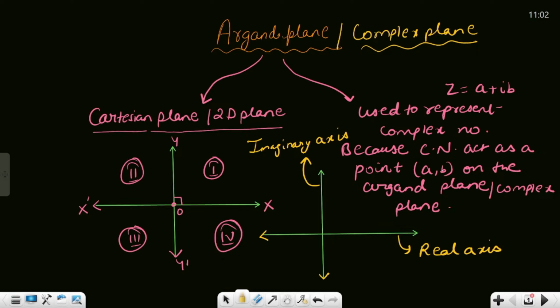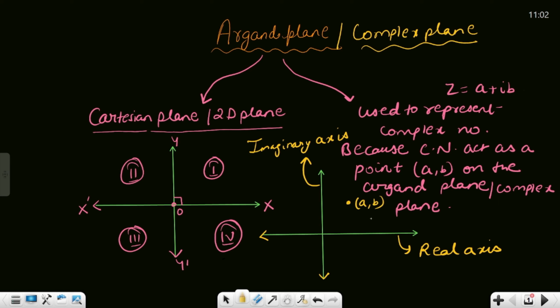If I consider a comma b in the first quadrant, a and b are real numbers only. A is the real part, and b is called the imaginary part because it is multiplied with iota. If a comma b are positive real numbers, the point should lie in the first quadrant only.